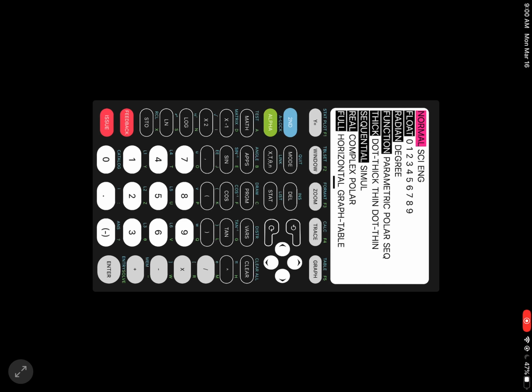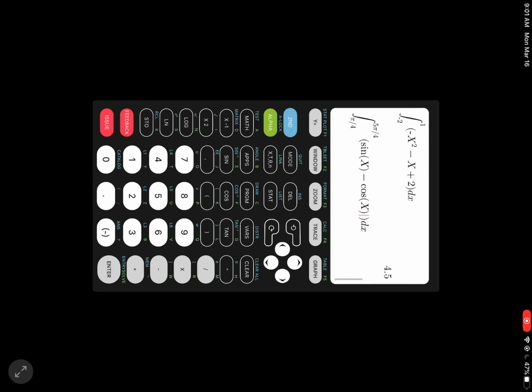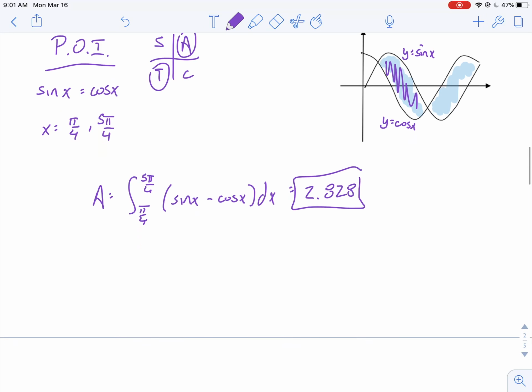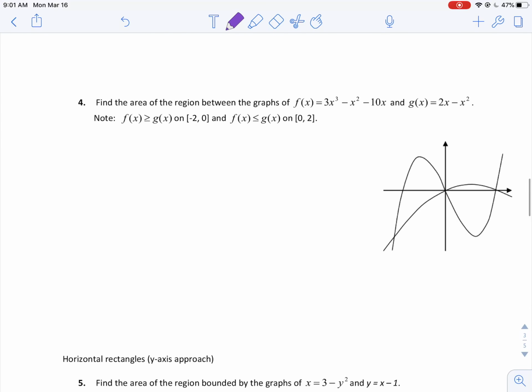And before I hit enter, let me make sure I'm in radians, which I am. There's my answer, 2.828. Remember, we always want to round our answers to 3 decimal places. And there we go. All right, keep moving.